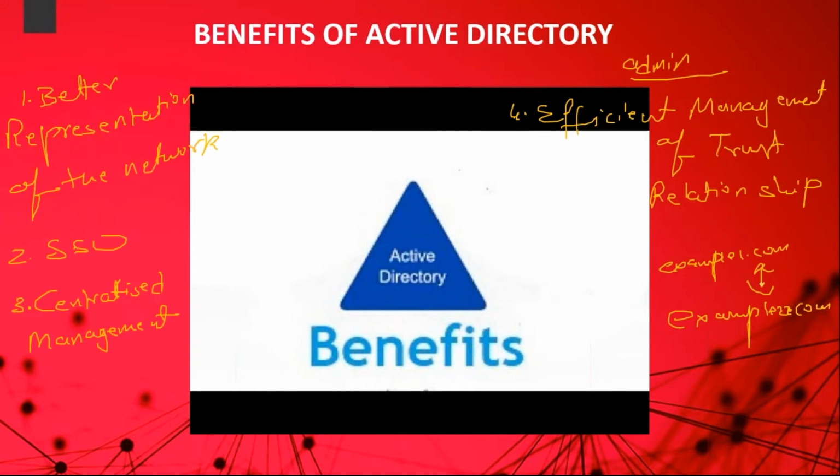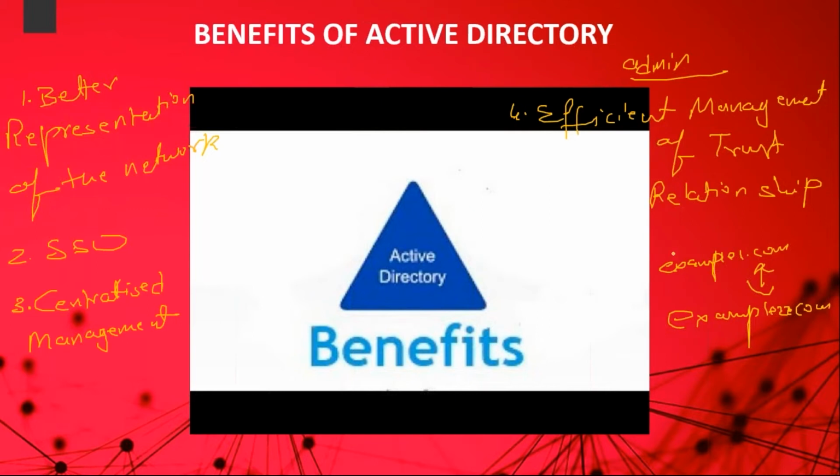One domain will be called the trusting domain, and the other will be called the trusted domain, right? So when a trust relationship is there, the trusting domain will accept the logon authentication of the trusted domain, right?